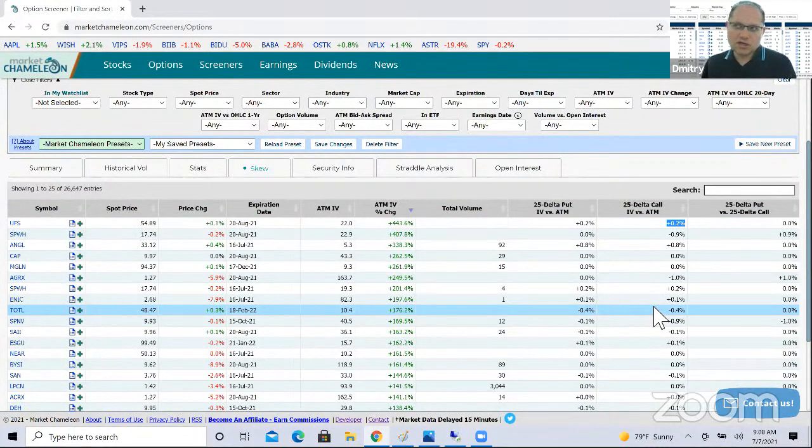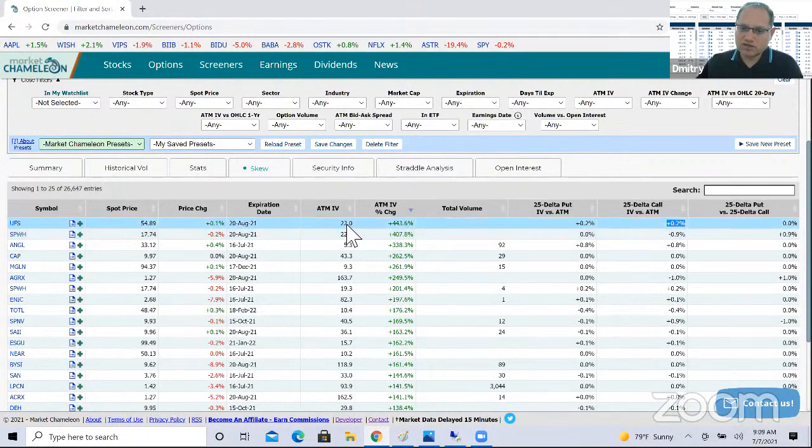Now, to measure the skew, we need a benchmark to see how much the calls or the puts are skewed. And one way to do it is take the at the money implied volatility and use that implied volatility and run it through all the options. Do a straight implied volatility to see what the options would be worth if we, for example, just use 22 vol, right?